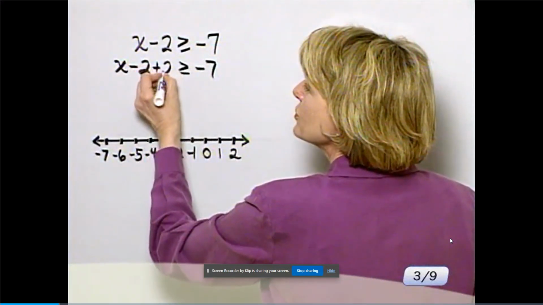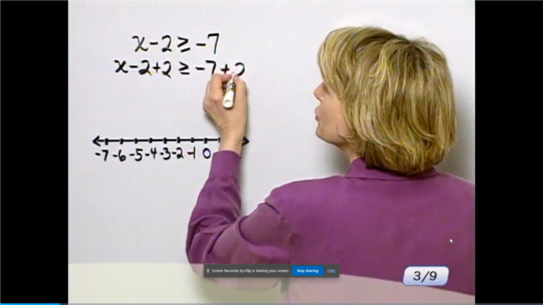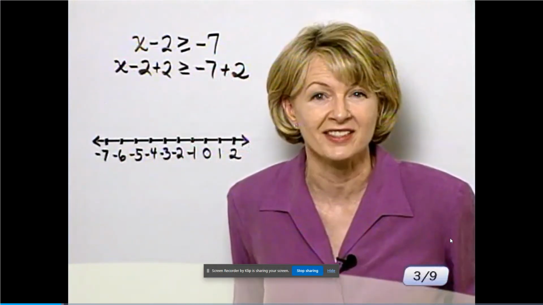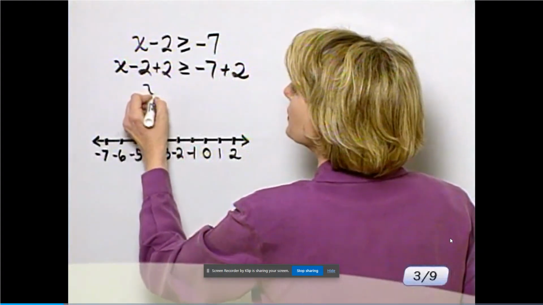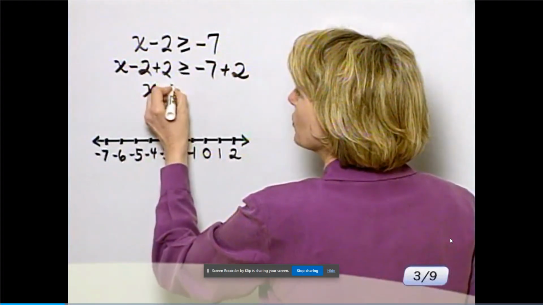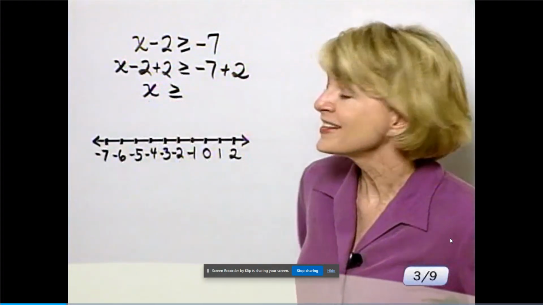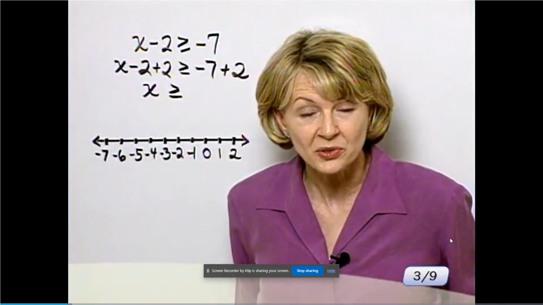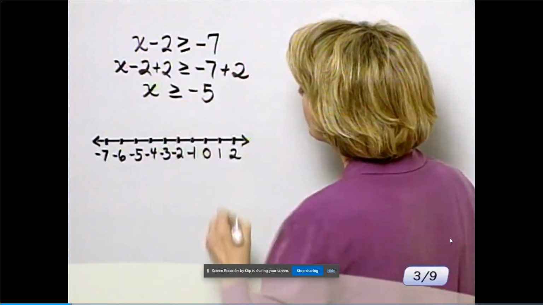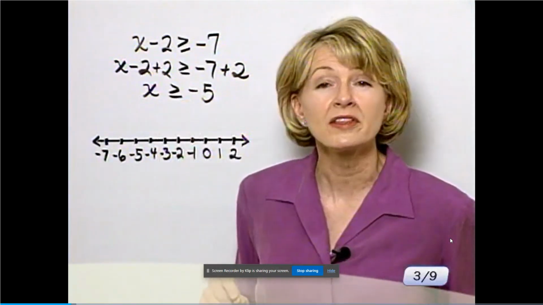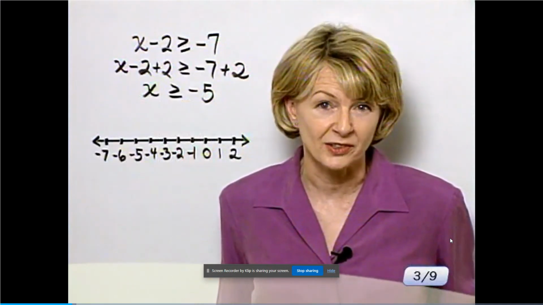I will add 2 to the left side, and I'll do exactly the same thing on the right side. And notice what happens on the left side. I have simply x, and then greater than or equal to, what is negative 7 plus 2? That is negative 5. So all numbers greater than or equal to negative 5 are solutions.